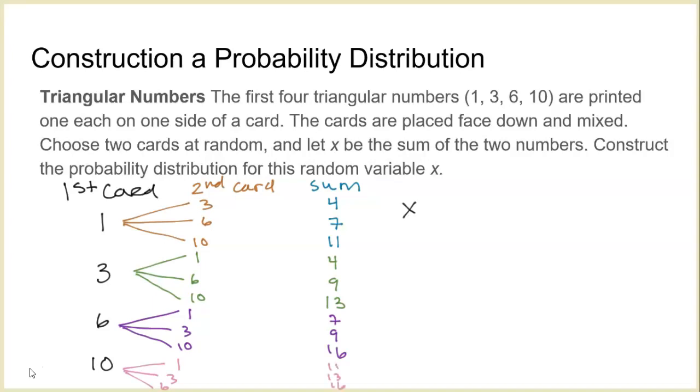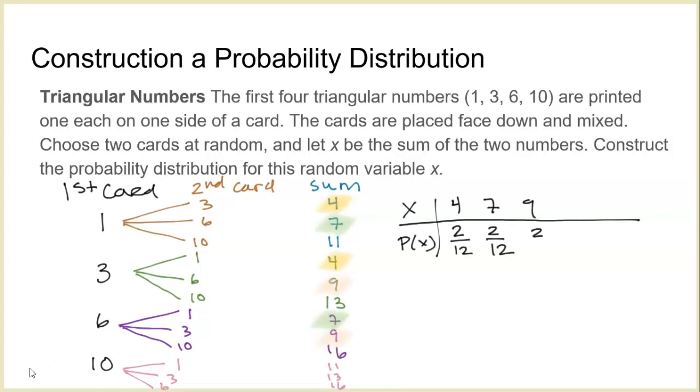So what we want to determine now is when we construct our probability distribution, what are all the possible values of X? So X could be the number 4, and there are only 2 4s. And so we think about probability. So the probability that I get a 4 as a sum would be only these 2 outcomes out of the 12, so 2 12ths. And then I could also get a sum of a 7. Well, the likeliness of me getting a sum of a 7 is also 2 out of 12.